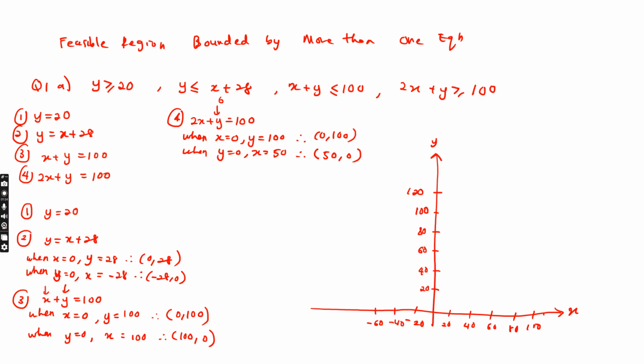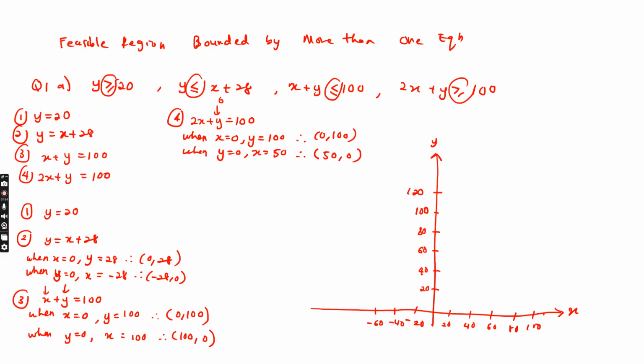Okay, now we're going to draw one by one. First of all, the first equation is y equal to 20. If you see the symbol that we have for all of these is with an equal sign, which means less than or equal, greater than or equal.